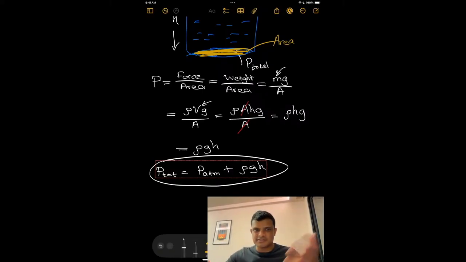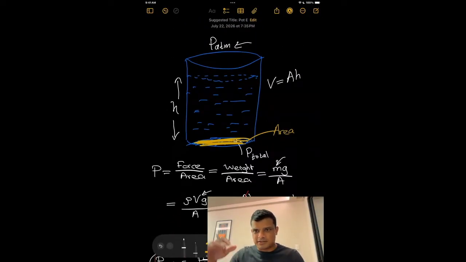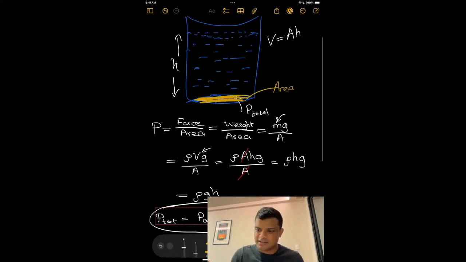Now, to your question, it's a long story to your initial question. This is why it's only a function of height, because there are certain parameters that do depend on the area. The wider the container, you have more force, more weight, more mass, more volume, right? All those things come into play, but you're also dividing, because ultimately the pressure is dictated by an area.